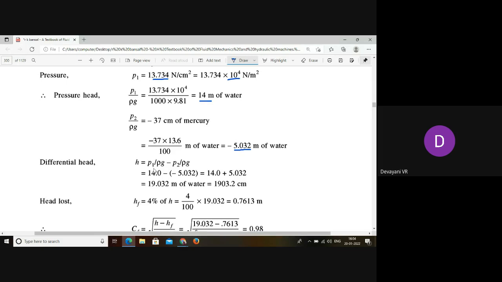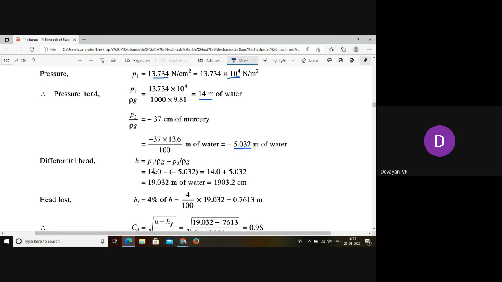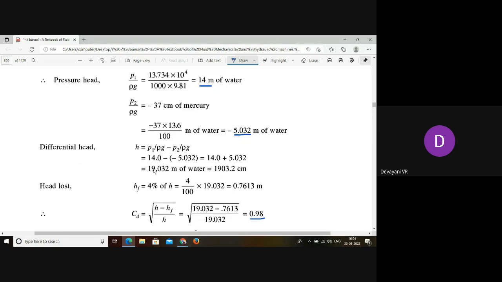Suppose in the problem they have given the head loss as a percentage. Then the head loss can be calculated from the total head. That is, if the head loss is 4% of the total head, then we calculate the value as 4 by 100 into the total head, and we get the head loss. Using this, we can calculate the coefficient of discharge.